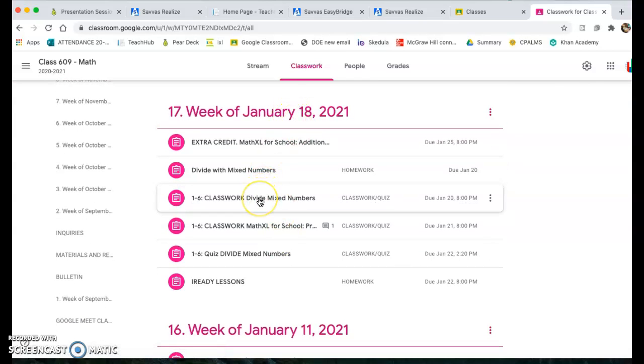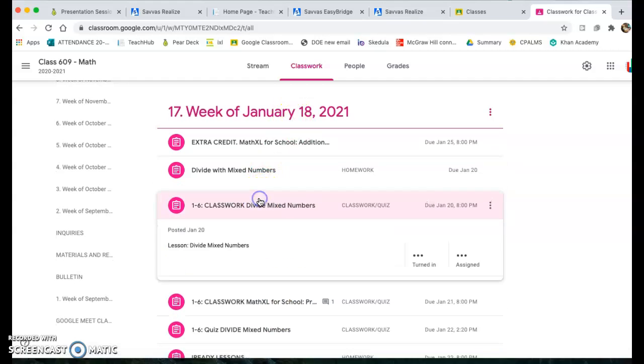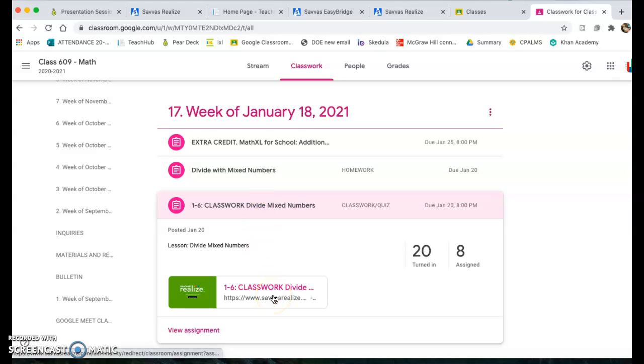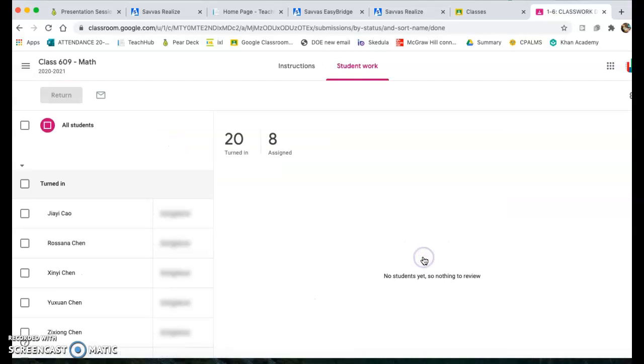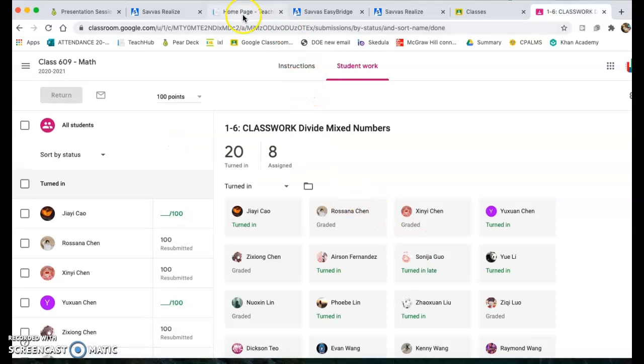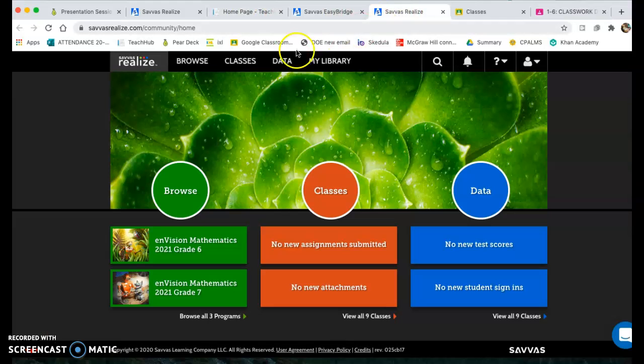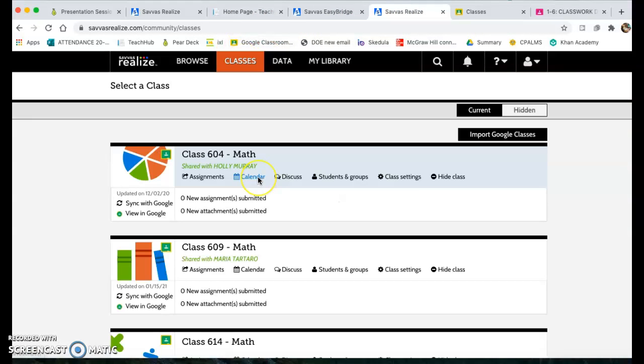So classwork mixed with the right numbers, and it's here in SAVVAS. So if kids could work on that one, if you go to SAVVAS again, I assign that to them. So let's say 609.